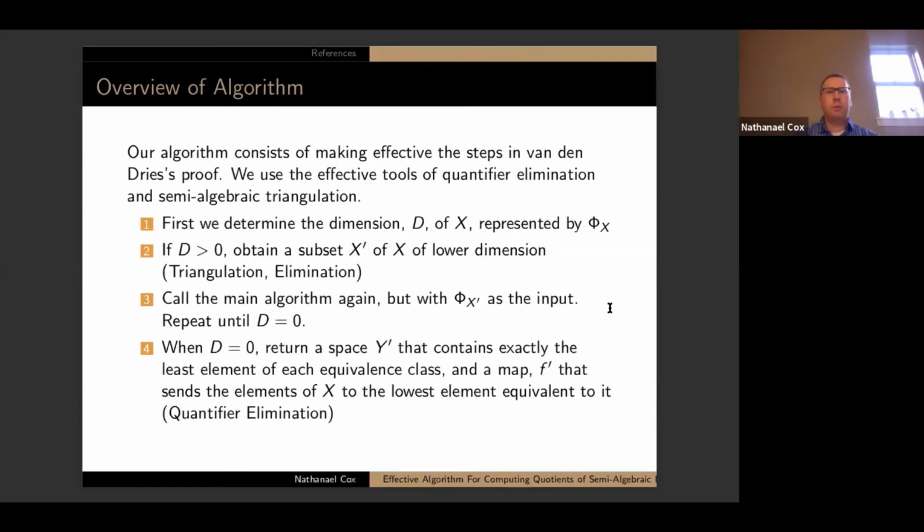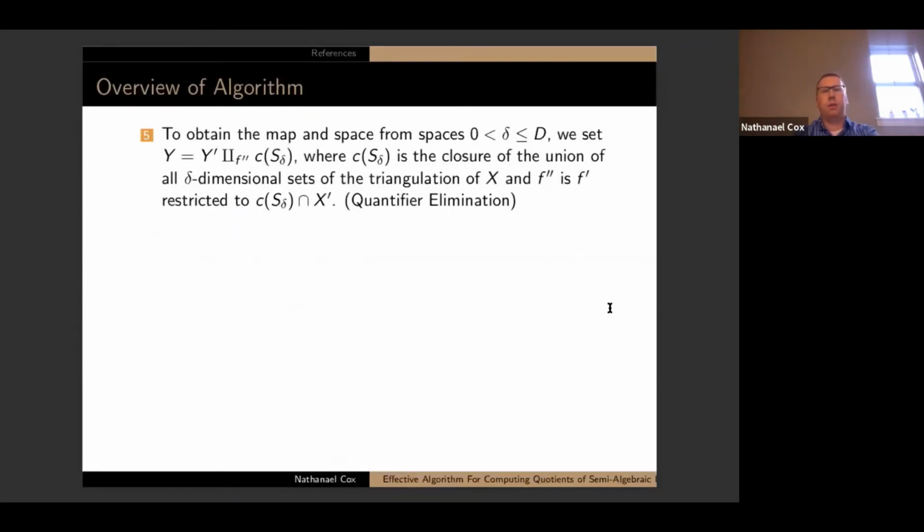And so from here, what we have is a chain of subsets that are of lower and lower dimension, and then on the lowest dimension, we have a map to a quotient space. And then from there, we need to go back up the chain, and for each of the spaces of various dimension, we need to obtain the quotient map. And so the notation is going to get kind of complicated, but bear with it.